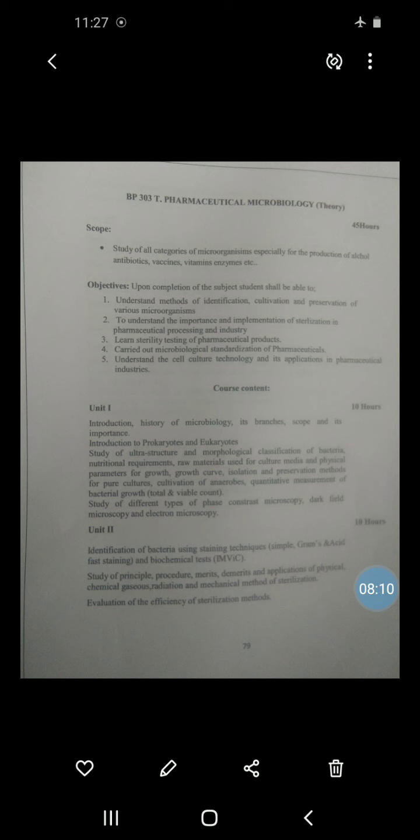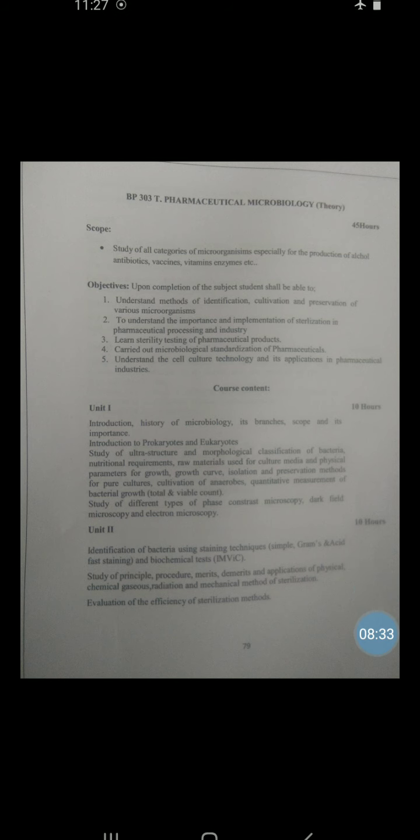Next, that is advantages. First advantage of this microscope, a dark field microscope is ideal for what? Viewing the objects that are unstained, transparent and absorb little or no light.